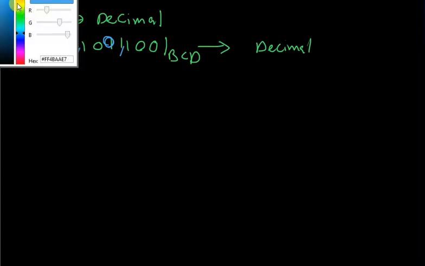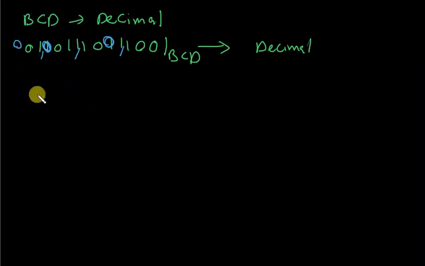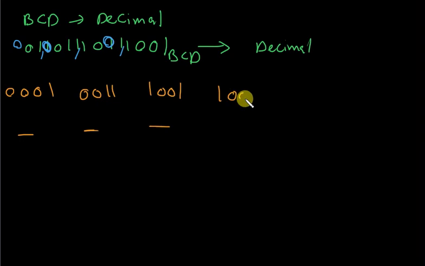So what I'm going to do here, I'm going to put each number separately now. So this is my first digit, and then this is my second digit, this is my third digit, and this is my fourth digit.